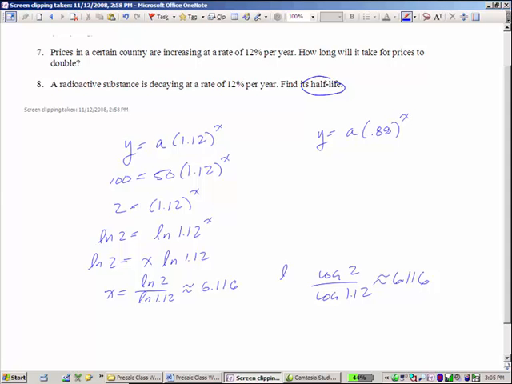So what do you want to pick? It's your problem. I picked 100. Okay, so 100 equals 200 times 0.88 to the x. And it doesn't matter whatever you pick, because the first step, what are you going to do, Travis? Divide. And no matter which numbers you pick, you're going to get 1/2.